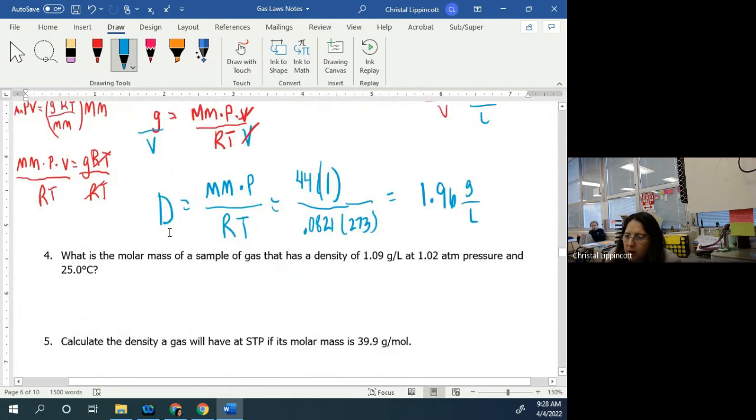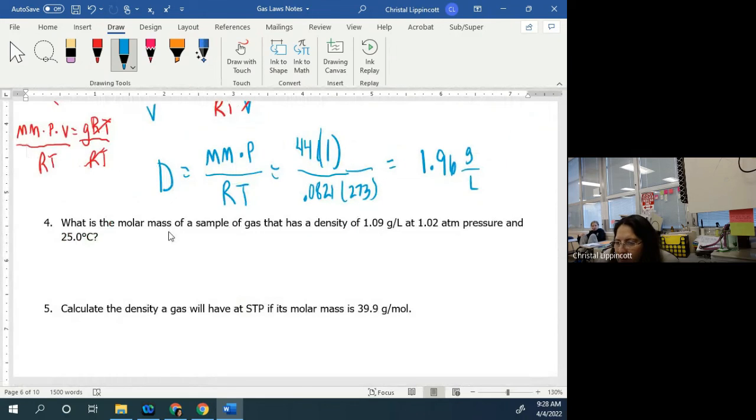All right, now this kind of becomes our density equation, but they don't want density for this one. They want molar mass. So here we're going to have to isolate this. The first thing I'm going to do is multiply both sides by RT. So D RT equals MMP.